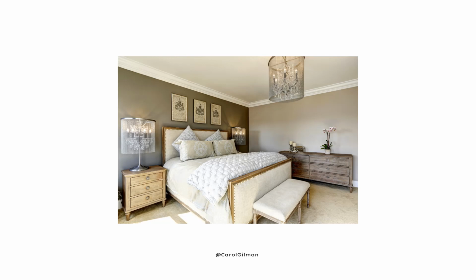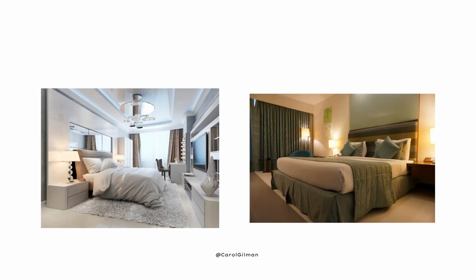But the size of that lamp in relationship to the bed and everything else is way too large. It has to do with balance. You want to notice the bed first, and then everything else kind of supports that. So sizing down those lamps a little bit would help a lot.